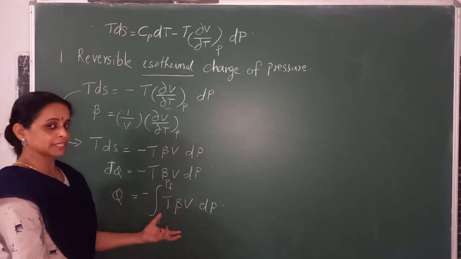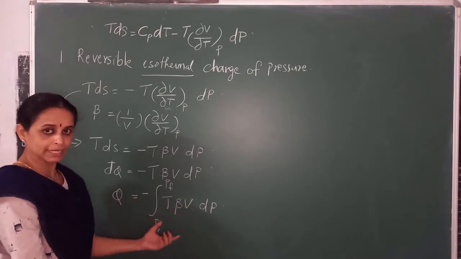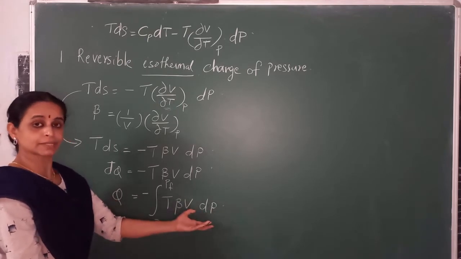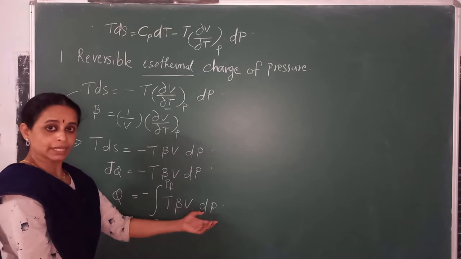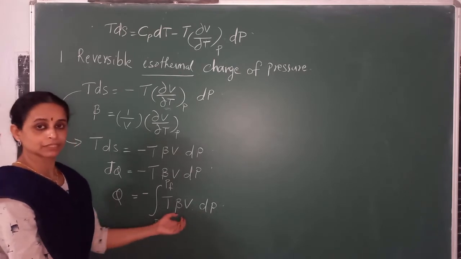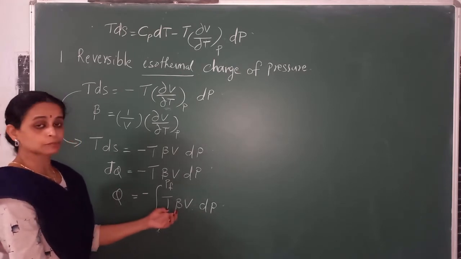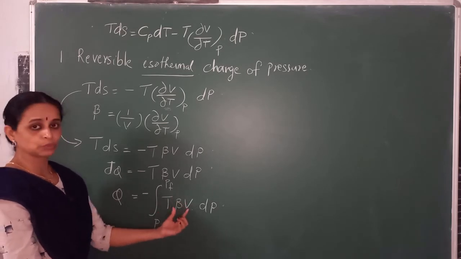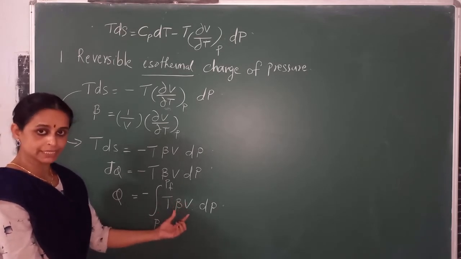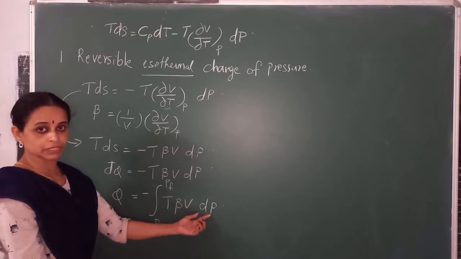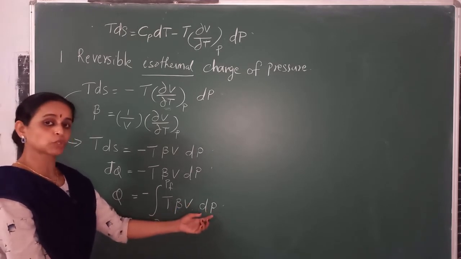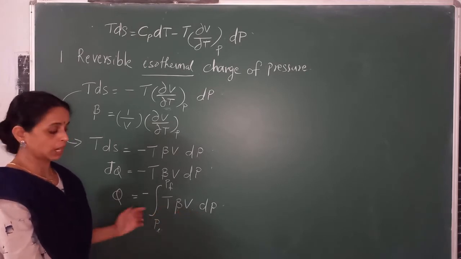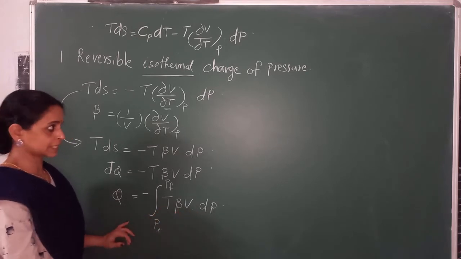For many materials, especially for solids and liquids, a large change in pressure only causes a small change in the volume and a small change in the beta value. So these are almost insensitive to the change in pressure, especially for solids and liquids. So we can take this beta V outside of the integration.